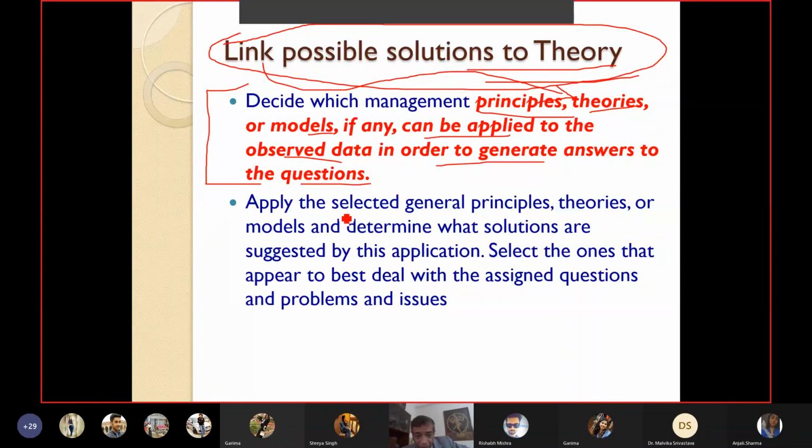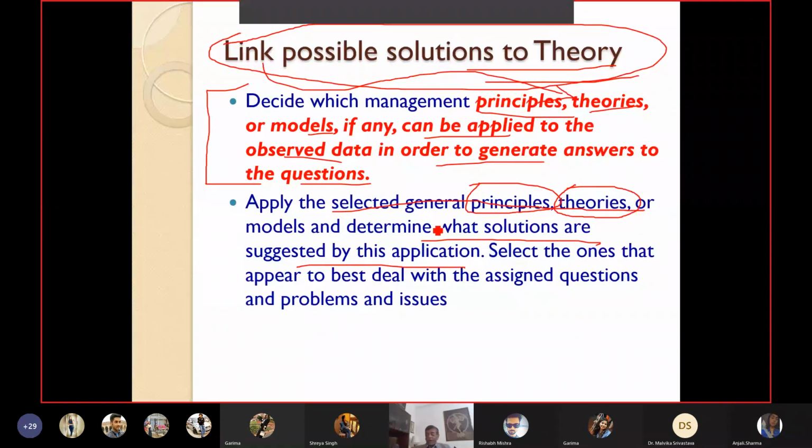And the next is apply the principles, theories, and determine what solutions are suggested by this application. Excellent. So you apply your principles and theories like you learn in organization behavior, Maslow's hierarchy of needs. There could be situations where you can apply it. You can also study your motivation theories, or accounting principles, or management by objectives, goal setting theory.